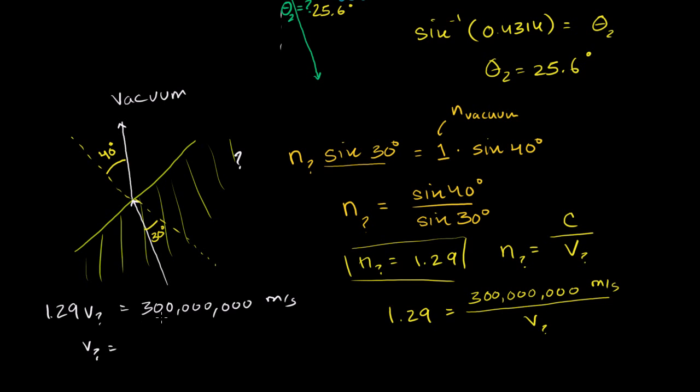And then I can divide both sides by 1.29. V question mark is going to be 300 million divided by 1.29. Or another way to think of it is light travels 1.29 times faster in a vacuum than it does in this material right over here. But let's figure out its velocity.